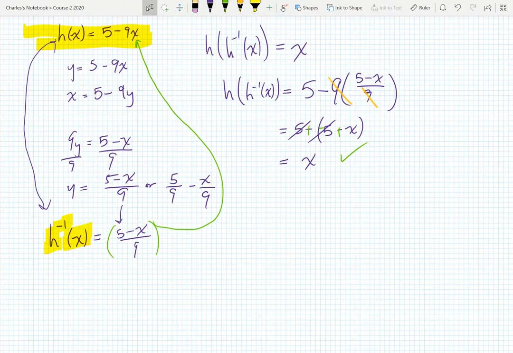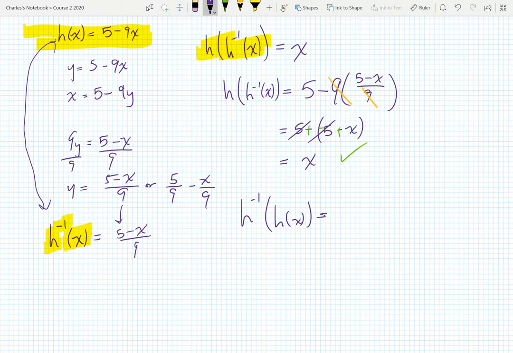I might require that you show me that you've done this not only one way, h of h inverse of x, but I want you to show me the other way too, h inverse of h of x, which would equal, now I'm taking this one as my shell, and I'm plugging this expression in to the x in that function.